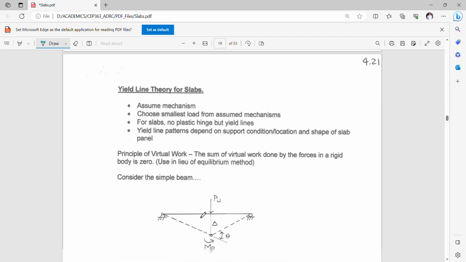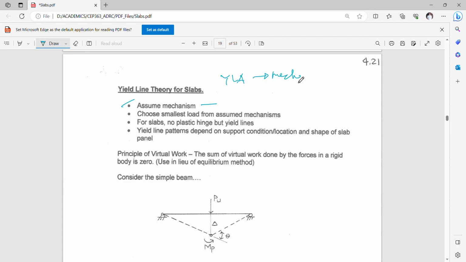So for the yield line theory for slabs, we take note of the following. The first thing to do is to assume a mechanism, because this is a mechanism method.